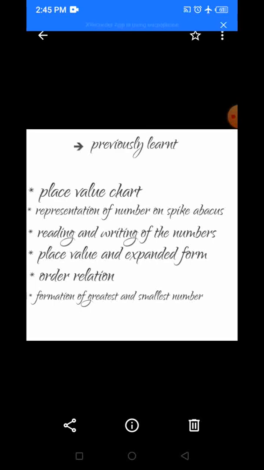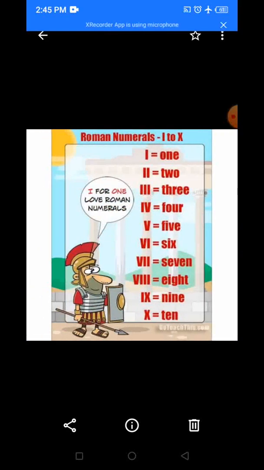So we have learned the place value chart, the representation of number on spike abacus, the reading and writing of numbers of 5 and 6 digit, the place value and the expanded form, the order relation and the formation of greatest and smallest number. Yes, and after that we learnt about the international systems. Then we compared the Indian and international system to understand it better. Then what did we learn? We learned about Roman numerals.